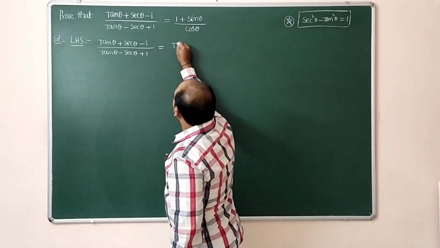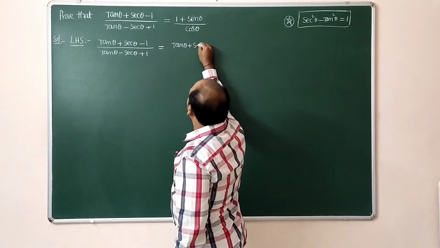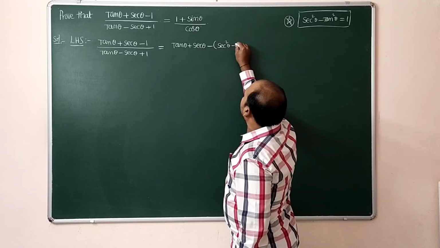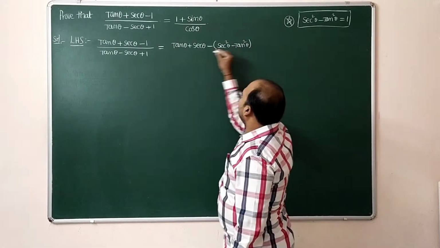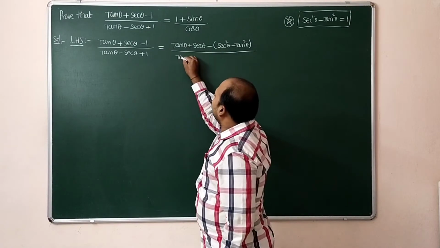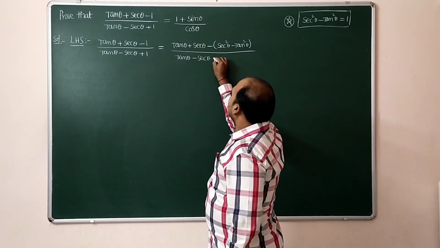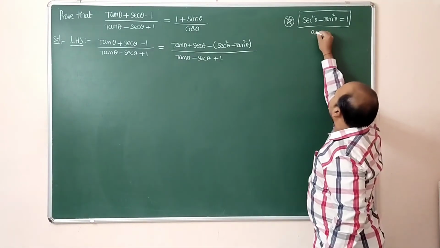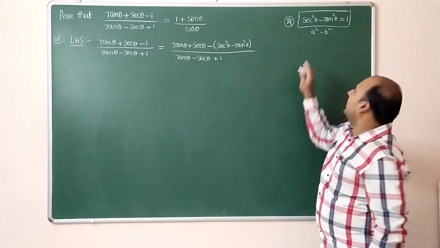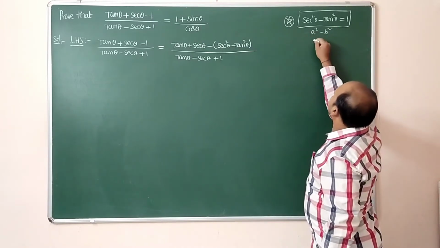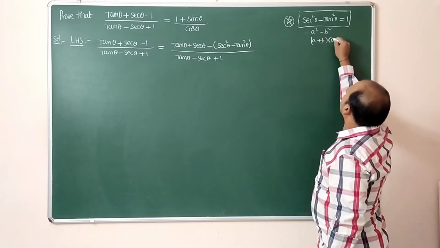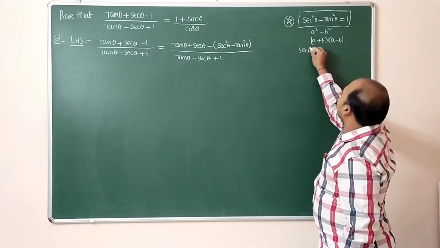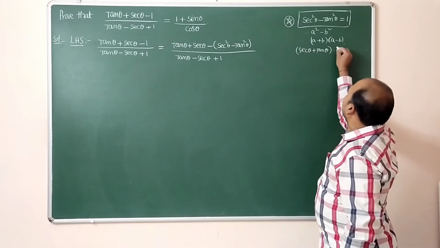So it becomes tan theta plus secant theta minus, in place of 1, secant square theta minus tan square theta, divided by denominator as usual, tan theta minus secant theta plus 1. After writing this step, immediately it is in the form of a square minus b square. We have that formula a plus b into a minus b. So secant square theta minus tan square theta can be written as secant theta plus tan theta into secant theta minus tan theta.